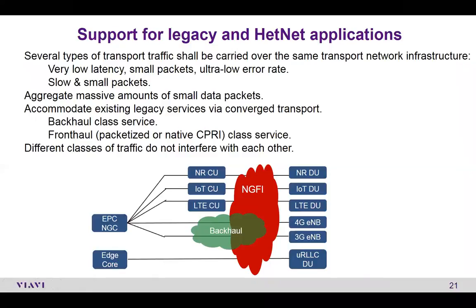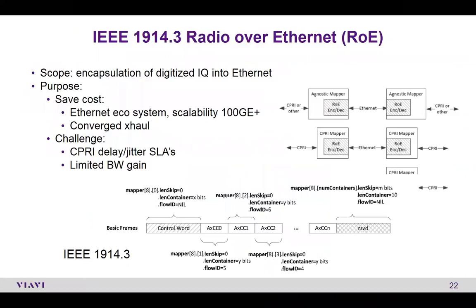So all that hopefully at some point in time will come together and make sure that we can have a converged network. Just for the sake of completeness before I close, I want to mention radio over Ethernet. This is not strictly speaking a 5G topic, but it should be mentioned because it is about using Ethernet transport for carrying CPRI or other traffic over an Ethernet network. The advantage of RoE is that you can use your Ethernet networks. You have the scalability of Ethernet, the whole ecosystem of Ethernet.